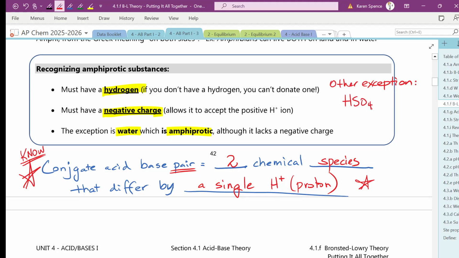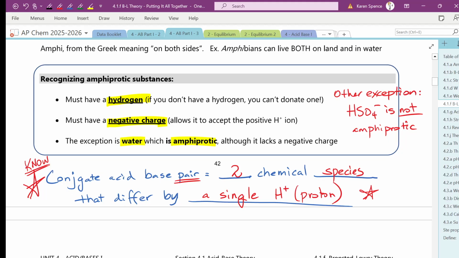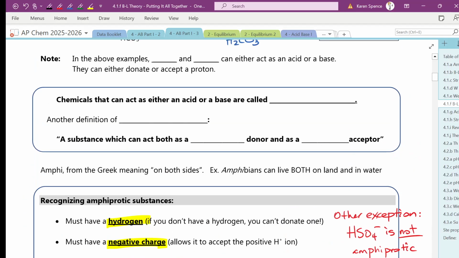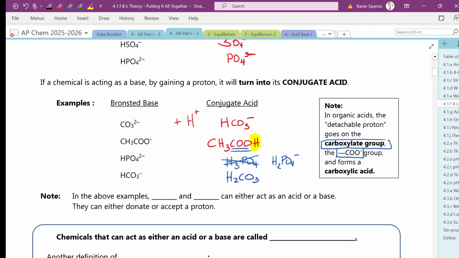HSO4 is not amphiprotic. Okay, and I think everything else on this page was done already in the above.